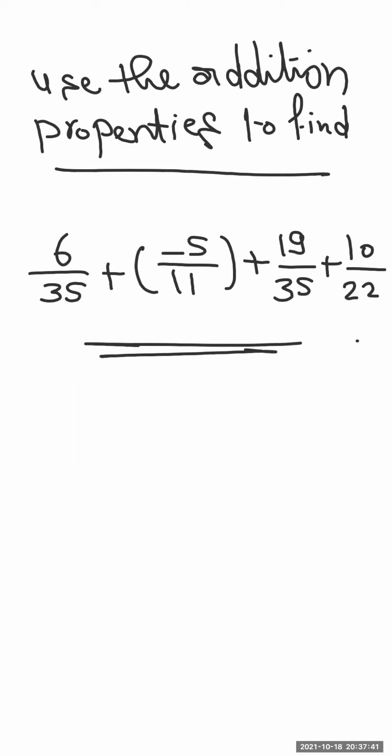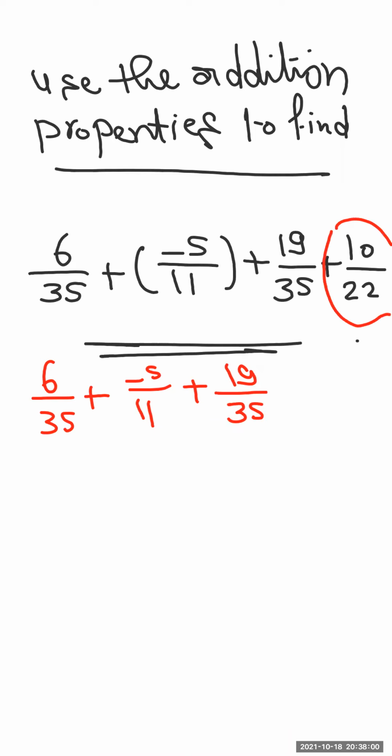We can simplify it by dividing the two numbers by 2. So the other numbers stay the same, and this one becomes plus 5 over 11, correct?